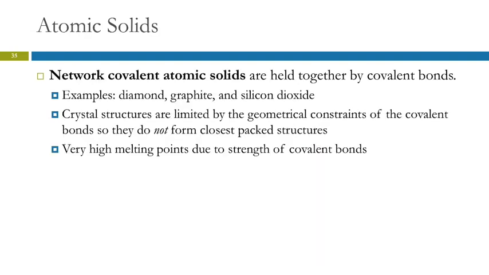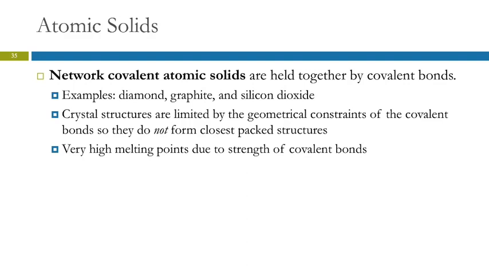And then network covalent atomic solids. The individual particles are atoms, but they're held together by covalent bonds. So these are going to have higher melting points than a molecular solid. Examples are diamond, graphite, and silicon dioxide. Graphene is another example. Here the crystalline structure is limited by the geometry of the covalent bonds.